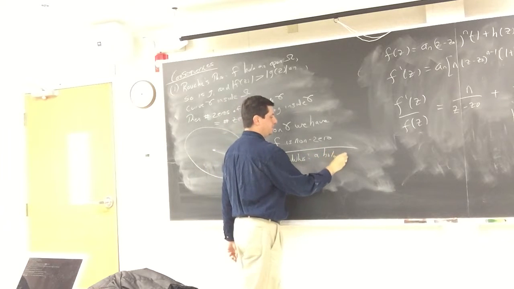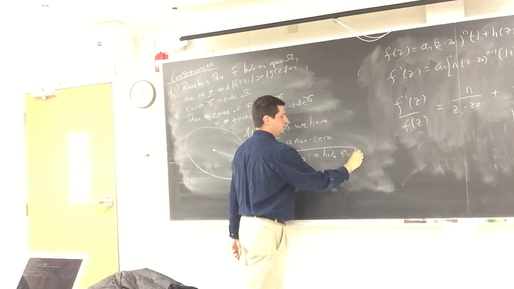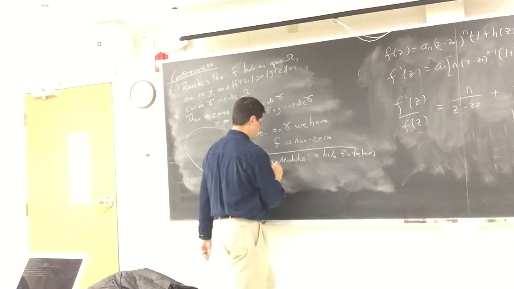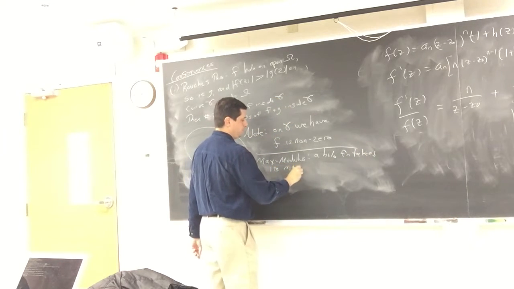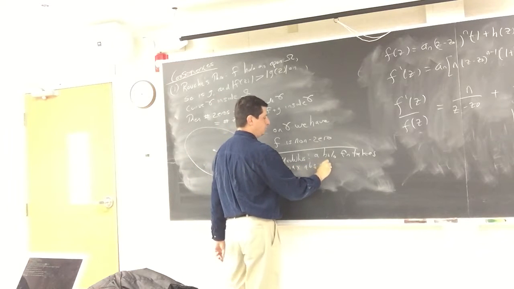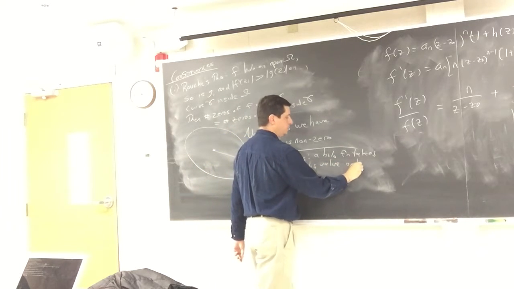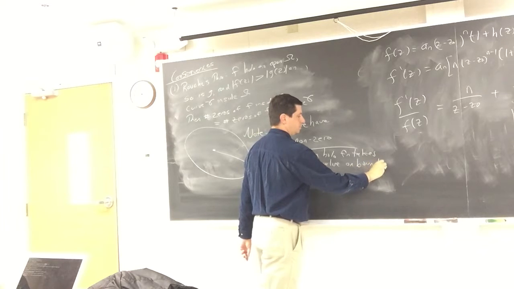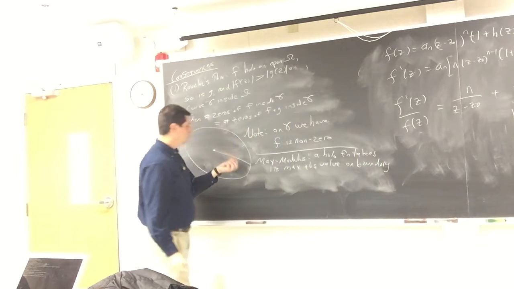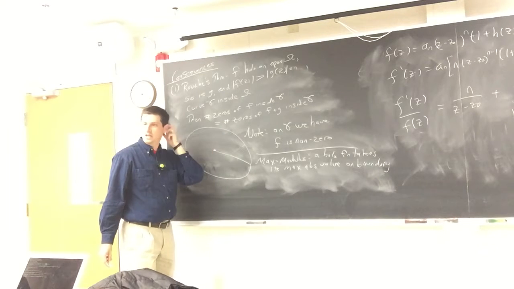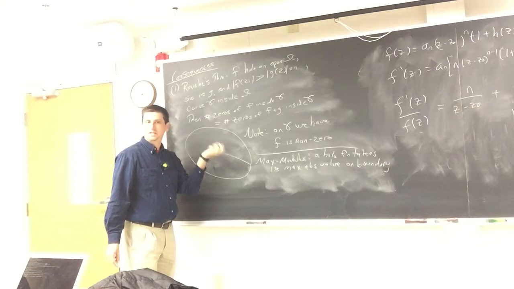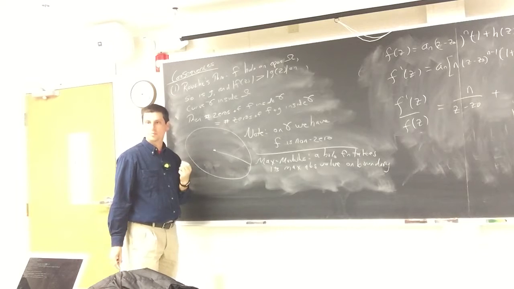Okay, that's one. The second is the maximum modulus. A holomorphic function takes its maximum absolute value on the boundary. So if I look at my values of absolute value of f inside gamma and on gamma, it's got to have its largest value on the boundary.